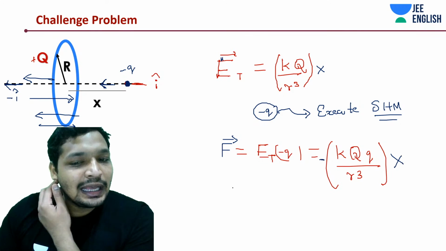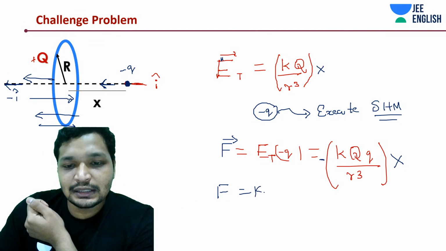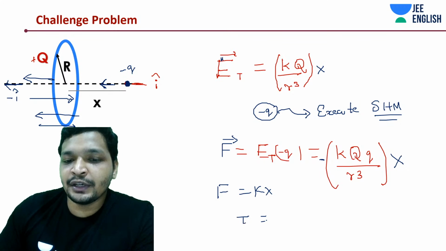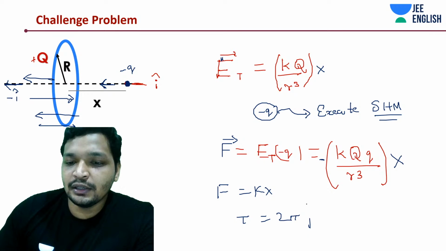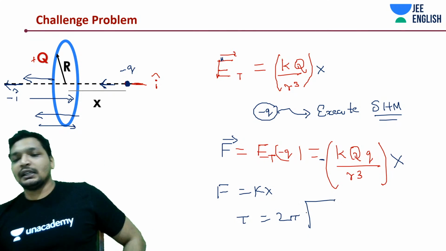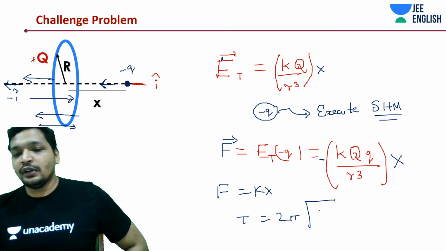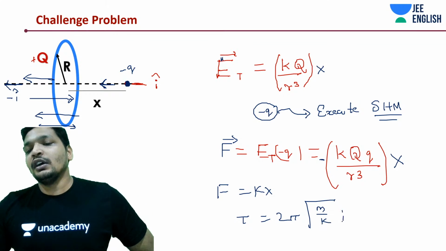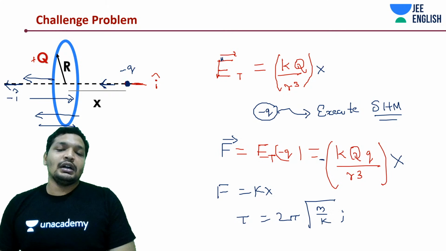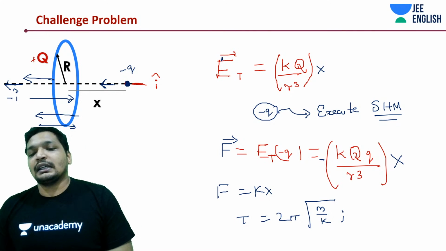What is this? F is equal to kx. If someone asks you the time period, you can find it out: 2 pi under root m by k, etc. You can find out the frequency, etc.